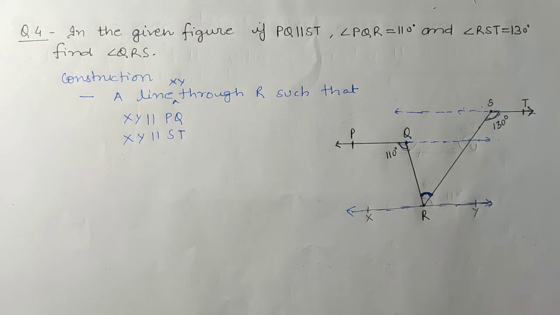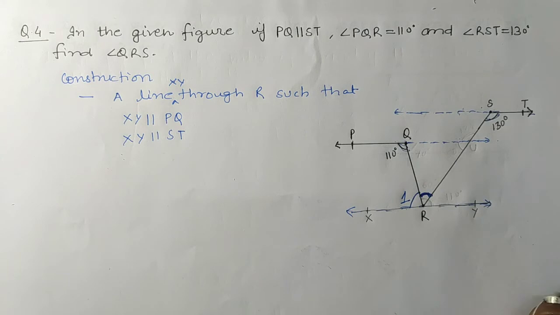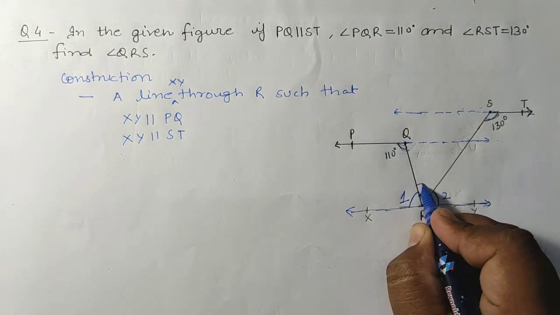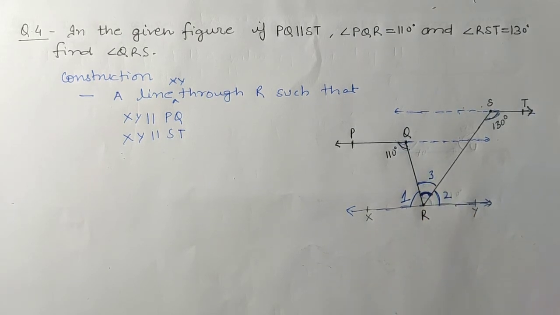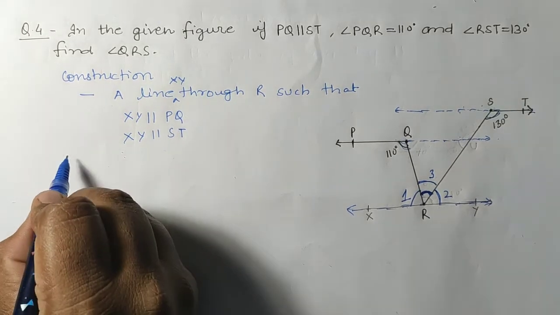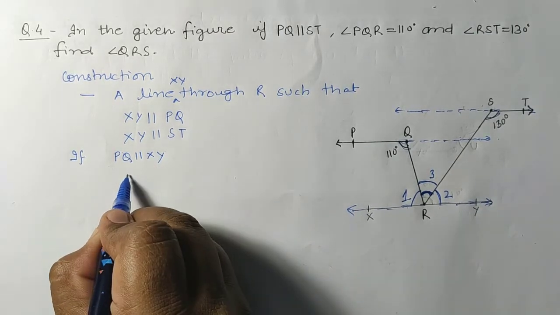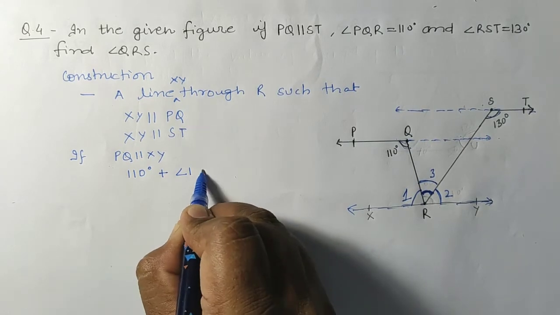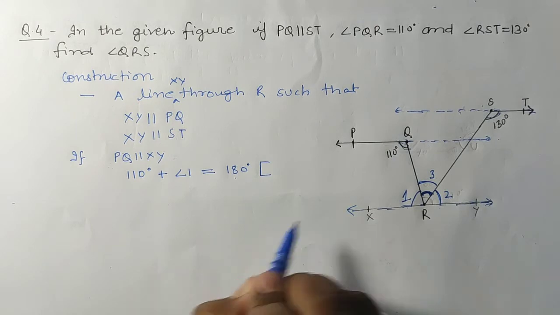Now students, see, if we suppose this angle as 1, this angle as 2 and this angle as 3, here I have given the name only. So we can see if PQ is parallel to XY, then 110 degree plus angle 1, the sum of these two should be equal to what? 180 degree. Reason is what?